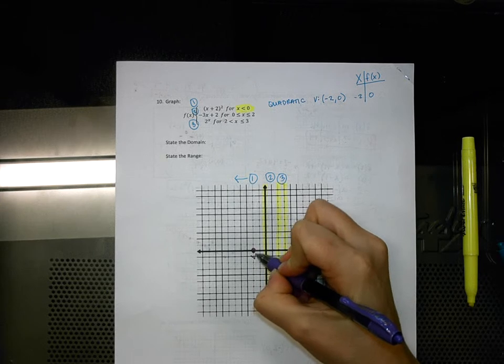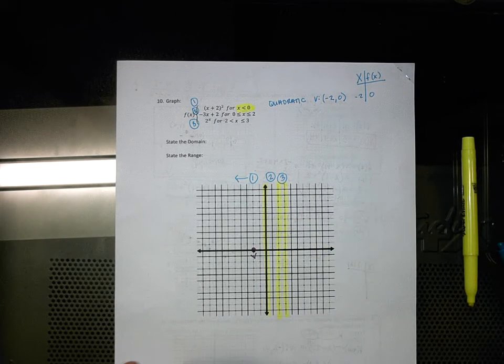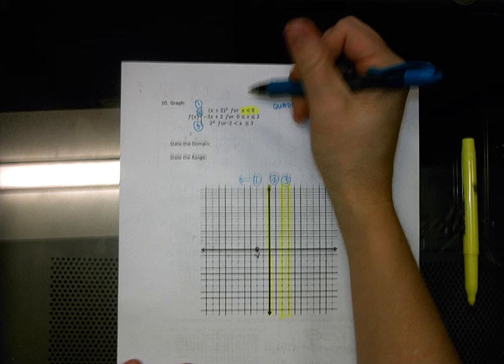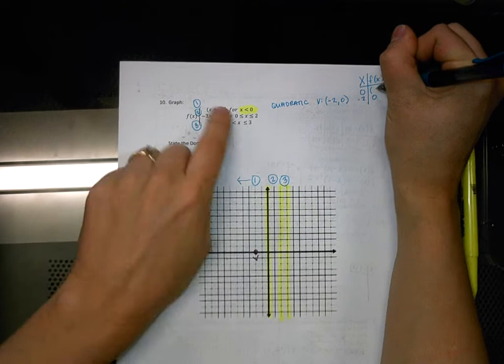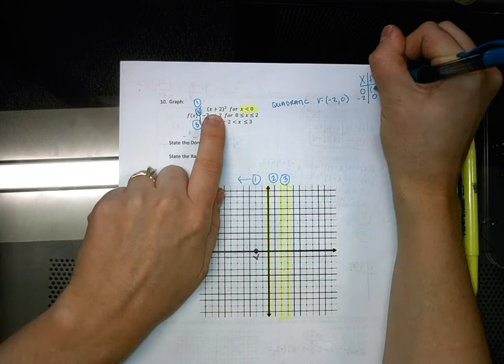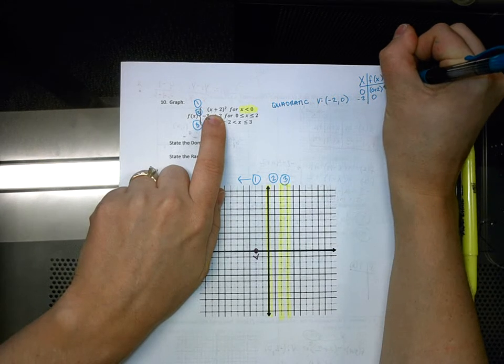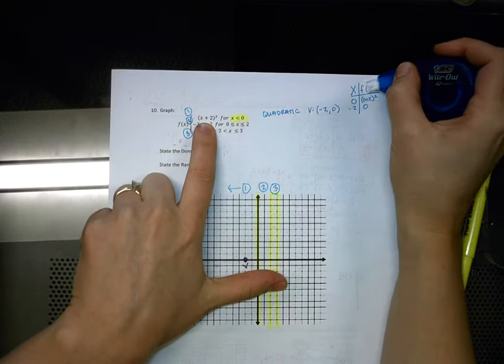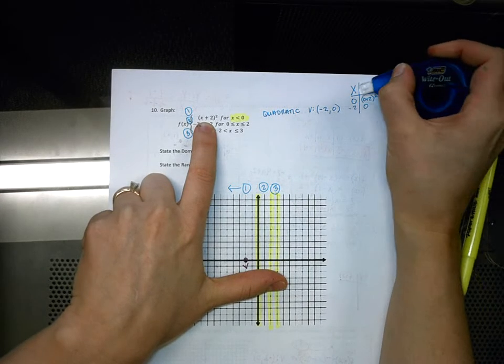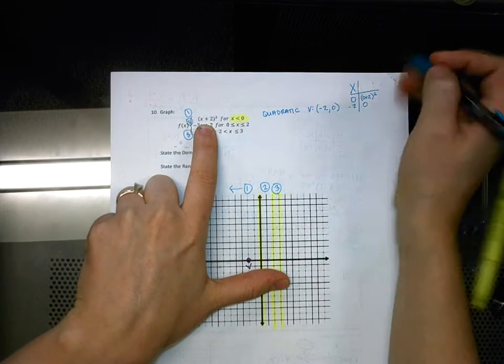But I also want to make sure to plug in my restriction. So my restriction is at 0. So I want to plug in 0 plus 2 squared. I'm going to change this so that we can show which piece of my function I'm plugging it into. I'm plugging it into x plus 2 squared.